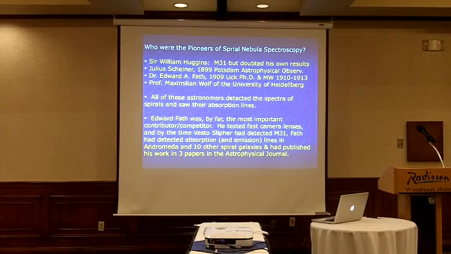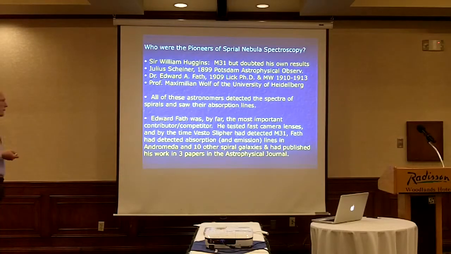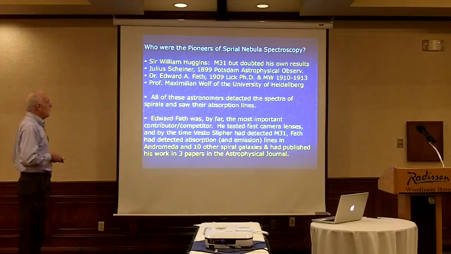He was, throughout his life, sort of prejudiced in favor of emission line spectra as an explanation for what nebulae were. He was the one who discovered the planetary nebula have emission line spectra, and he thought that all of them may have emission line spectrum.